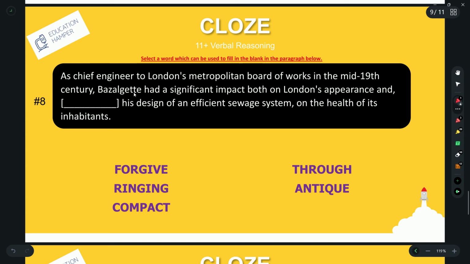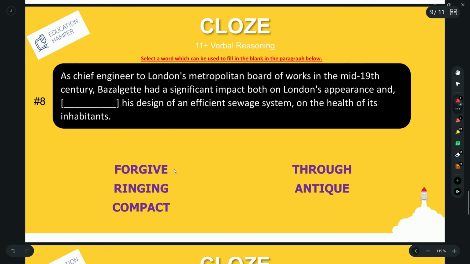So Bazalgette seems to have had a big effect on what London looks like, and he seems to have designed an efficient sewage system for the city as well, which had an impact on the health of the people living within London.